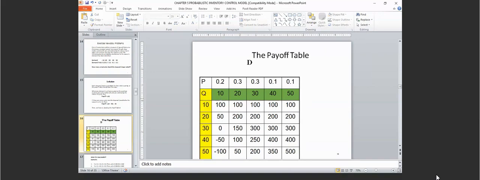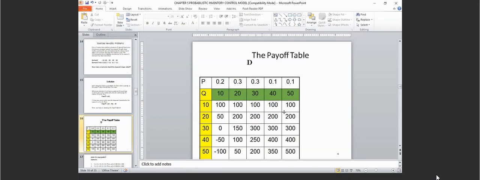Okay, kita ada demand here 10 unit, 20 unit, 30 unit, 40 unit dan 50 unit. Dan kita ada maklumat berkaitan dengan expected profit kan yang kita buat tadi kan. So we have information about expected demand and the quantity order to the supplier here. And we also has analyzed the expected profit for each of the probability of demand here.